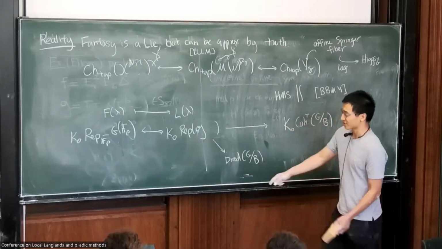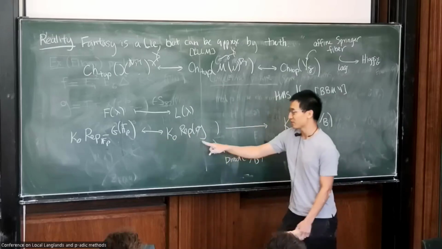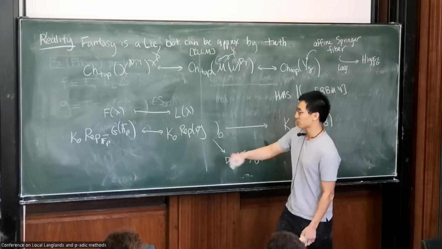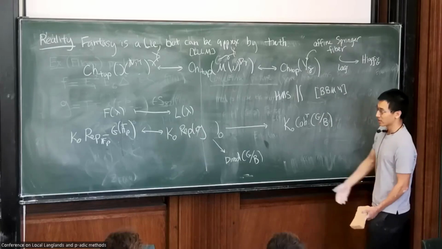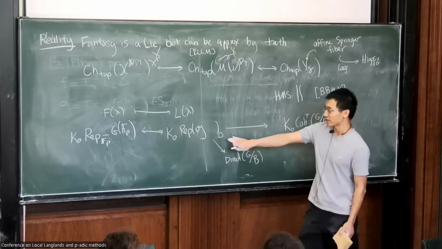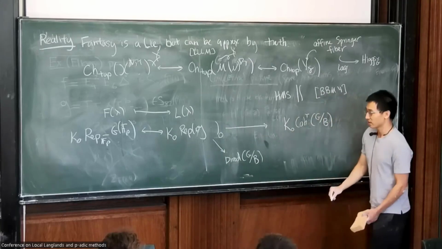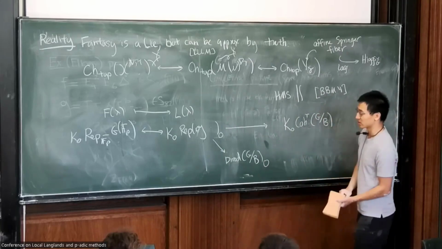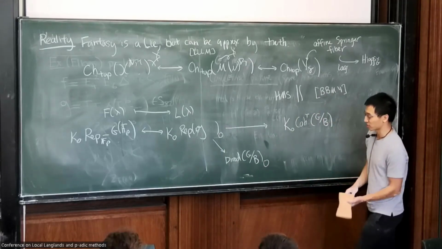But it works out because I sort of lied to you here, because I need to ask that these representations of the Lie algebra actually extend to the group. There's a condition in characteristic p. There's a kind of p-center, which I need to ask to be 0. And that reflects in the statement that these D-modules should have p-curvature 0.